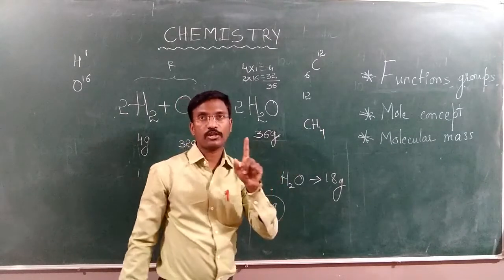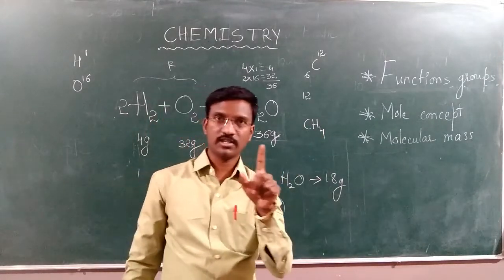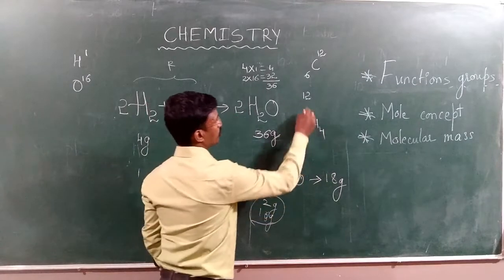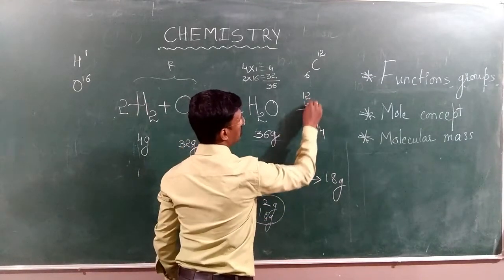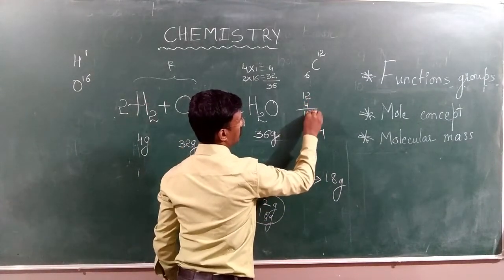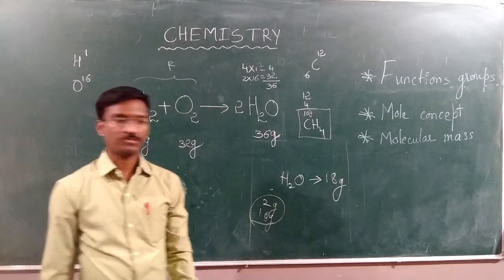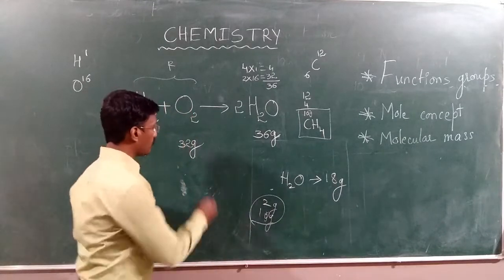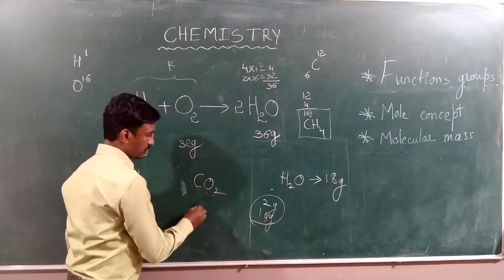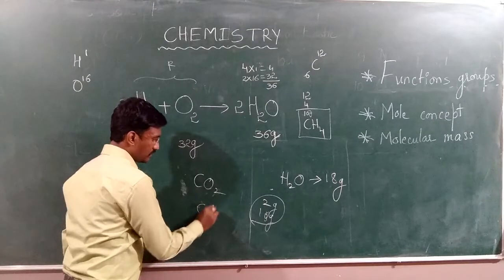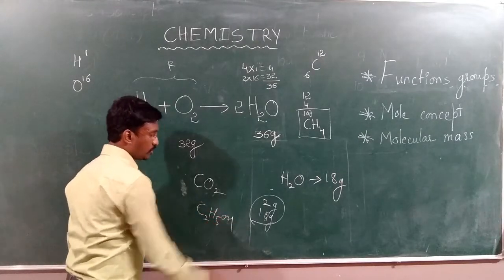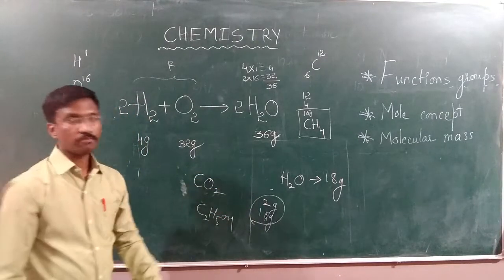Each hydrogen has mass 1, total 4. Therefore 12 plus 4 is 16 gram. The molecular mass of methane is 16 gram. Similarly, if they give you any other compound like C2H5OH, you should be capable of writing the molecular mass.